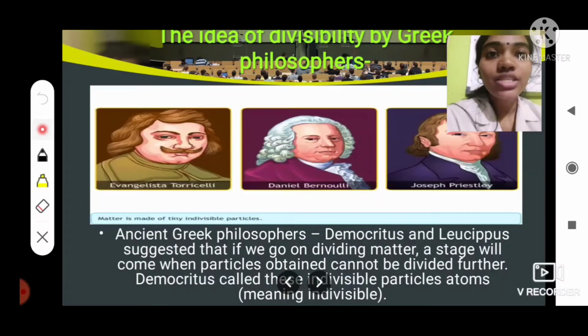Democritus called the indivisible particle an atom. Atom is derived from the Greek word atomos, which means indivisible. And who suggested the name atom? It is Democritus.